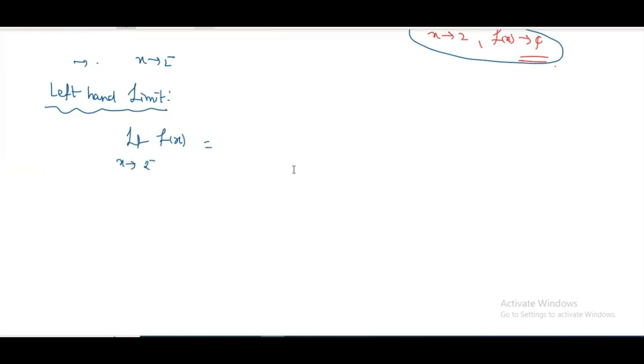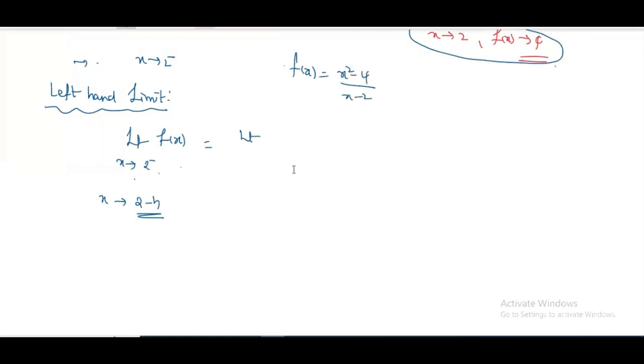When x is approaching 2 minus, we should replace x with 2 minus h in the given function. The function here is (x square minus 4) by (x minus 2).